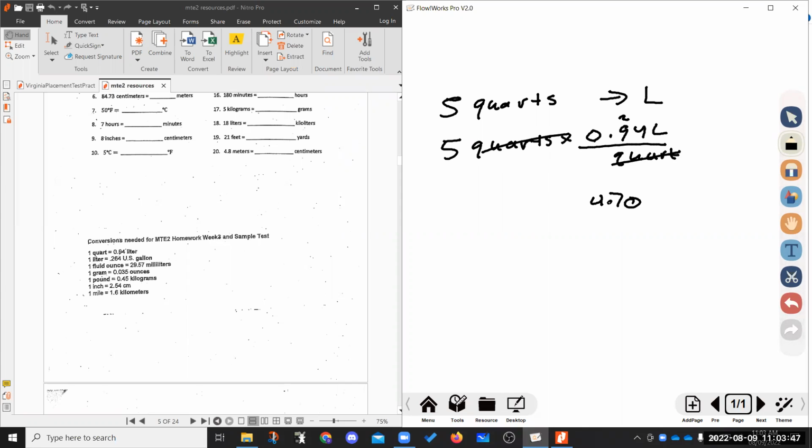And so this is going to come over 2 decimal places, and we get 4.7 liters, because a liter is just a little bit bigger than a quart is. They're close to the same size.